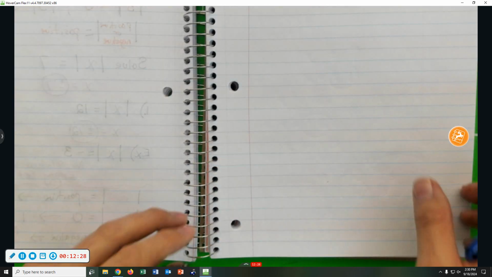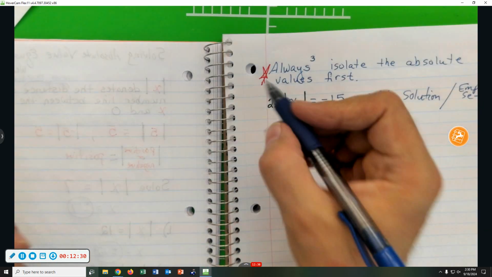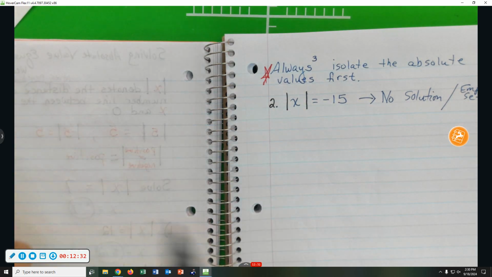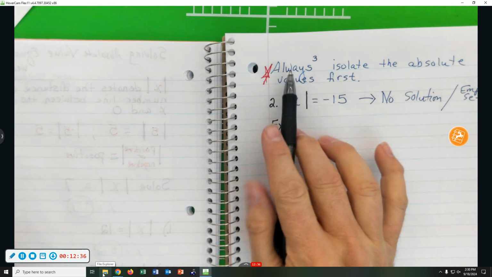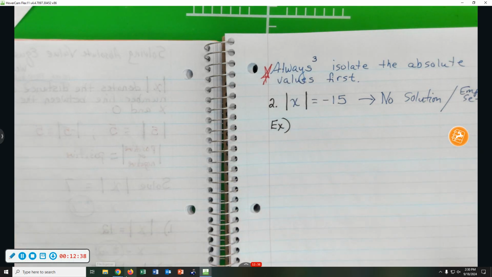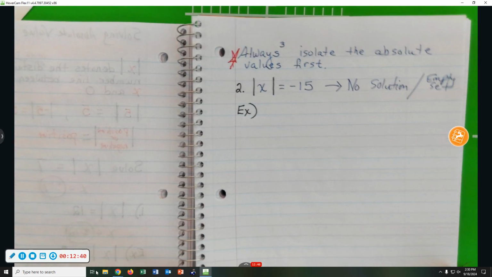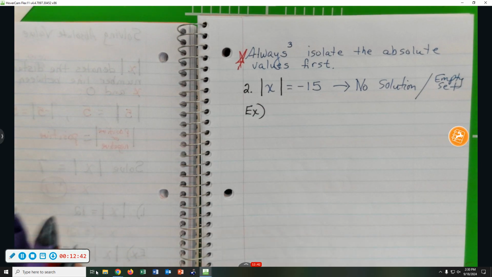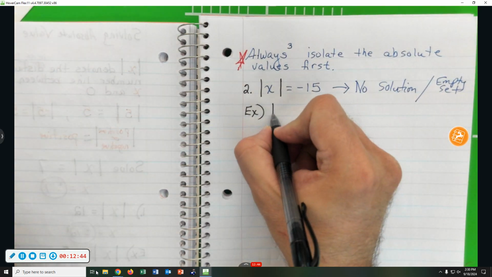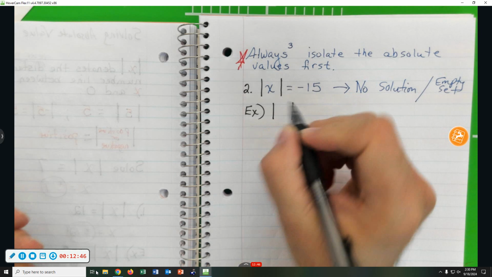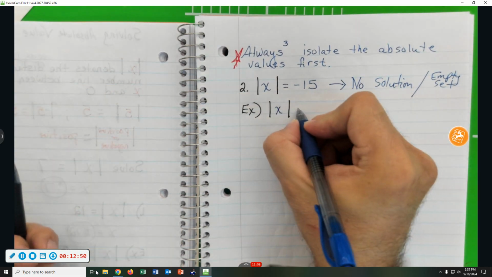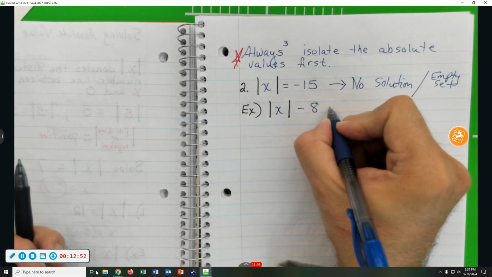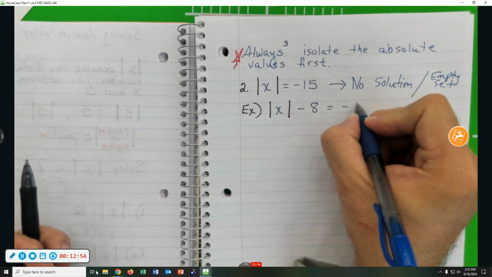Okay. And before we do number 3, just to make sure it's clear what I mean by my little red star rule, absolute value of x minus 8 equals negative 5.